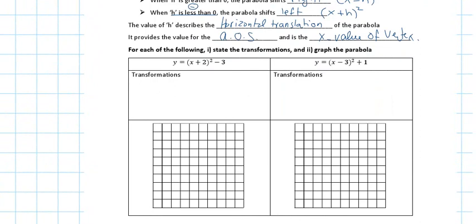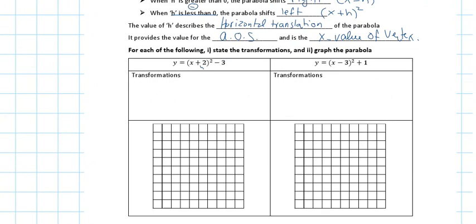What does the 2 here represent inside the bracket? What letter? K is outside, remember? H. So this is your h, and then this is your k. Alphabetical order, h, k.